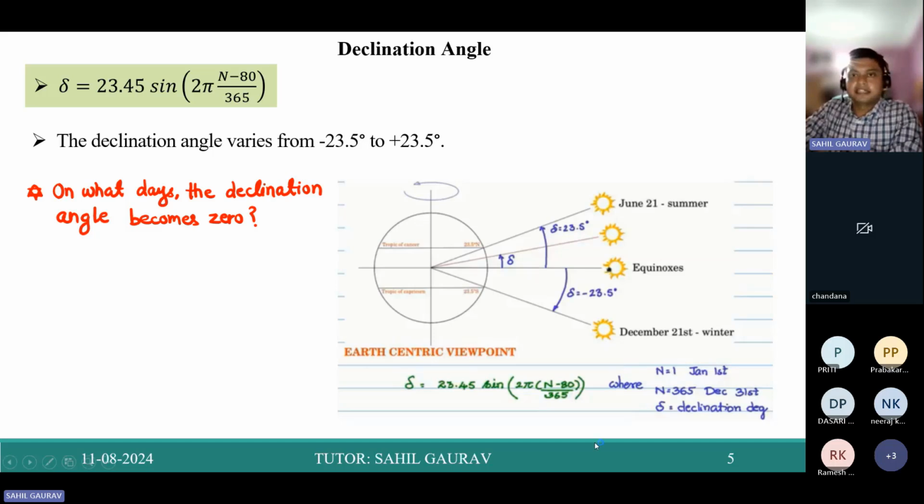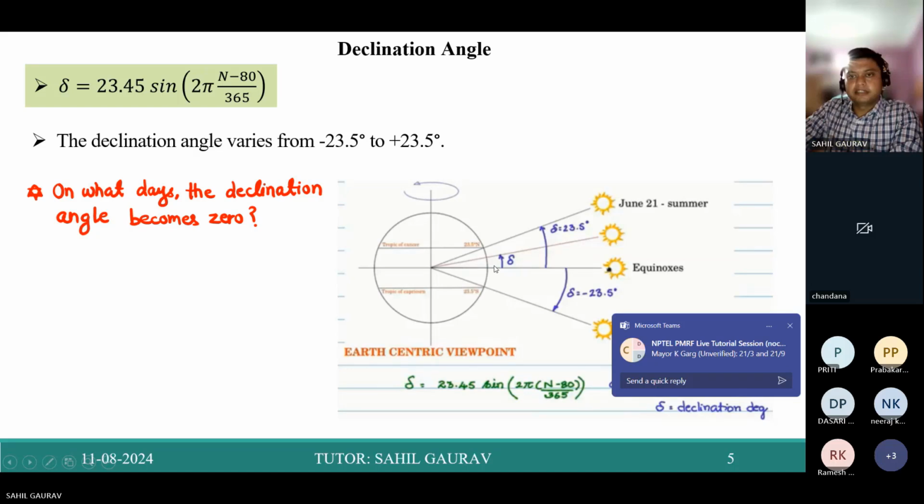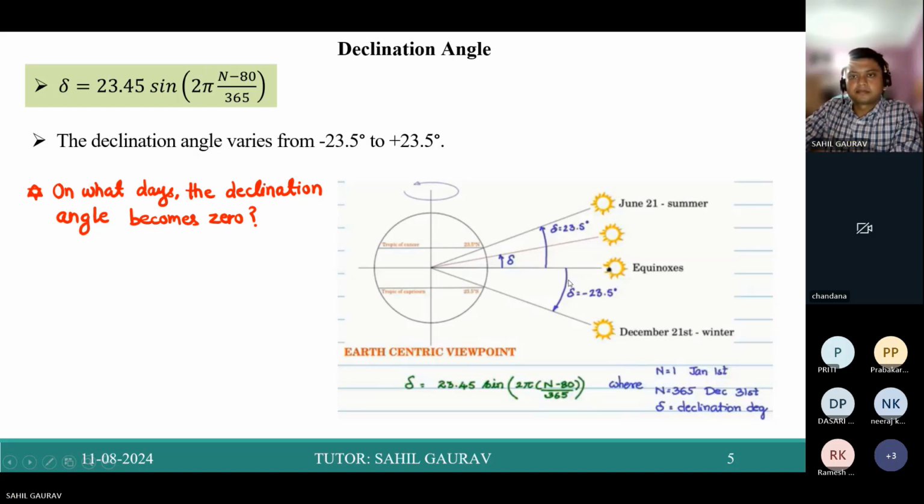So this declination angle is the angle with respect to this equatorial plane, to this solar insolation, and it is taken positive if we go anti-clockwise, and it is taken negative if we go clockwise.